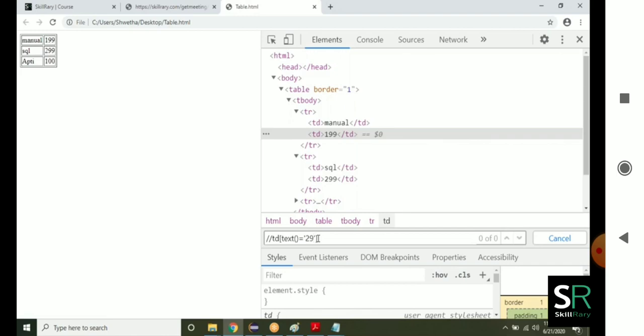If text is changing partially or completely, here the text is completely dynamic, guys. So how to handle whenever the text is completely dynamic? By using dependent, independent XPath.